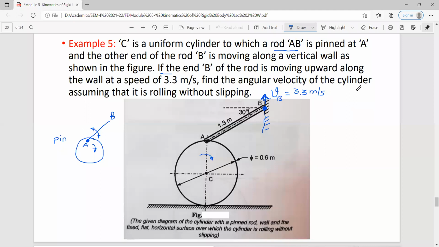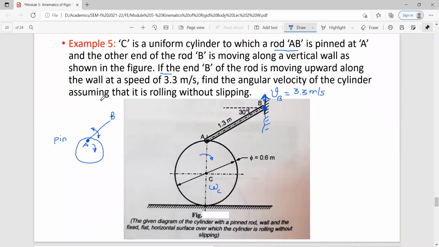Find the angular velocity of the cylinder. Means what you have to find out? Omega. Angular velocity means omega of cylinder. We are denoting cylinder by letter C, so omega C. We have to find it.